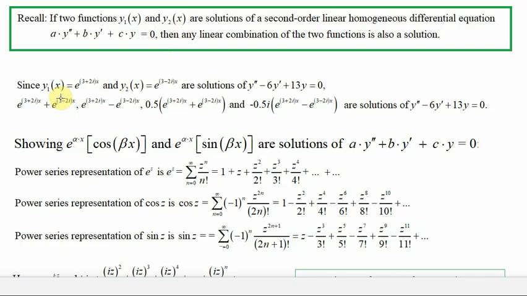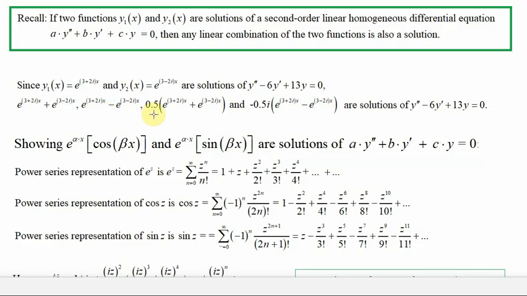In this example, e to the 3 plus 2i x is a solution and e to the 3 minus 2i x is a solution. Therefore, any linear combination of these two functions will be a solution. For example, this linear combination is a solution, and this linear combination is a solution.